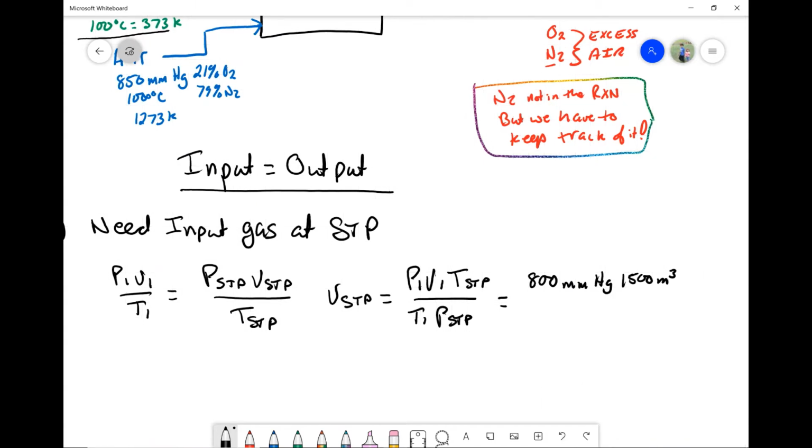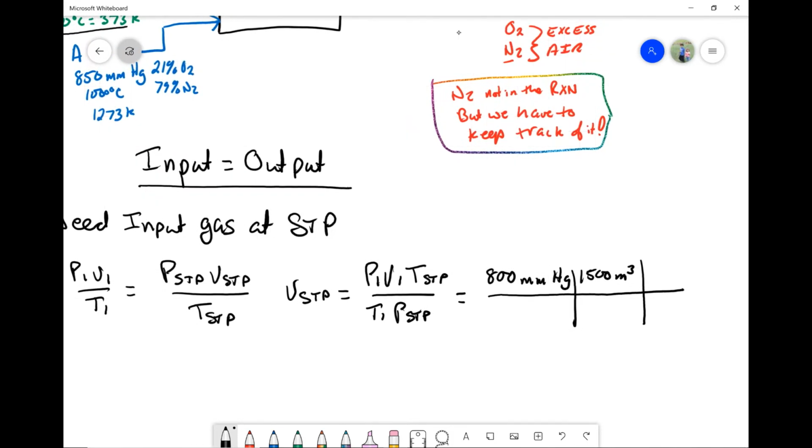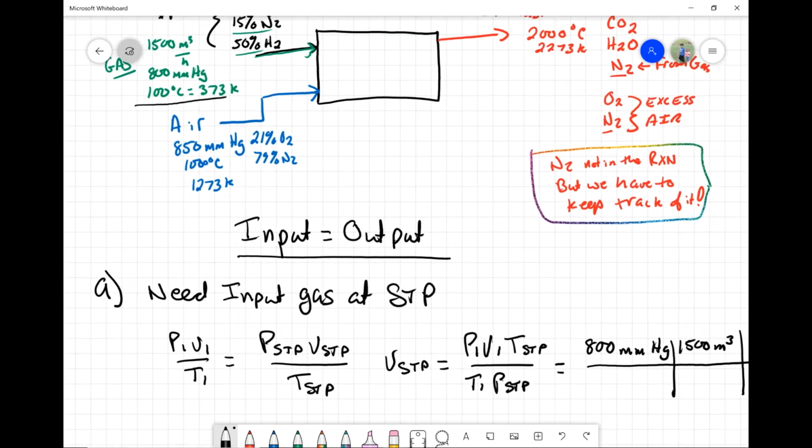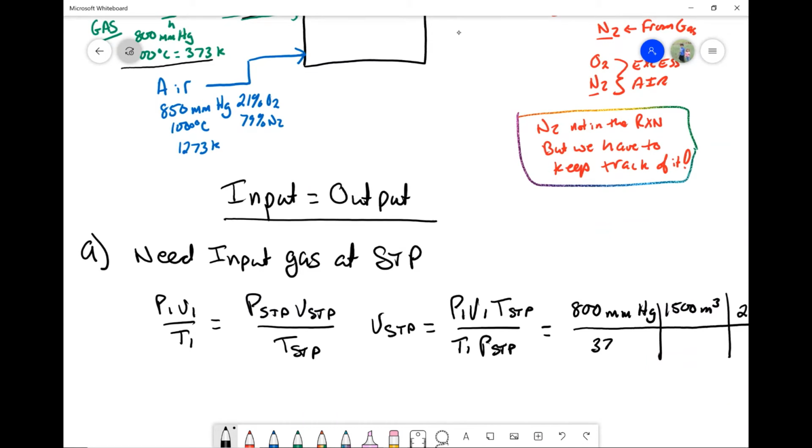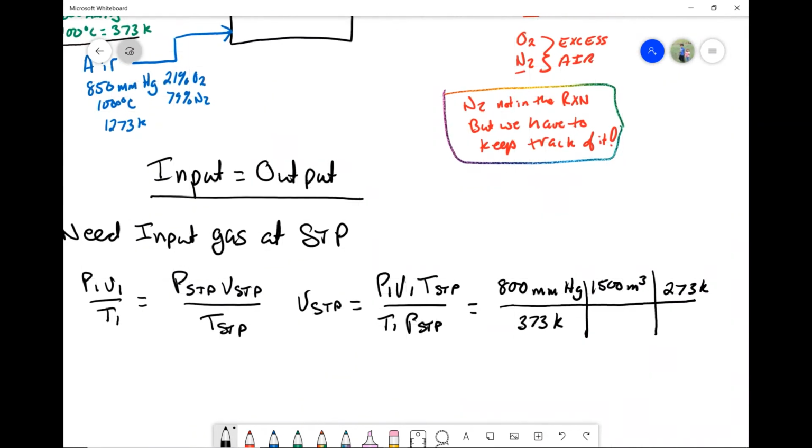I should also be making it in railroad track form, I'm sorry. 273 K. Got ahead of myself there. T1 we calculated to be 373 K. P_STP is the 760 millimeters of mercury.